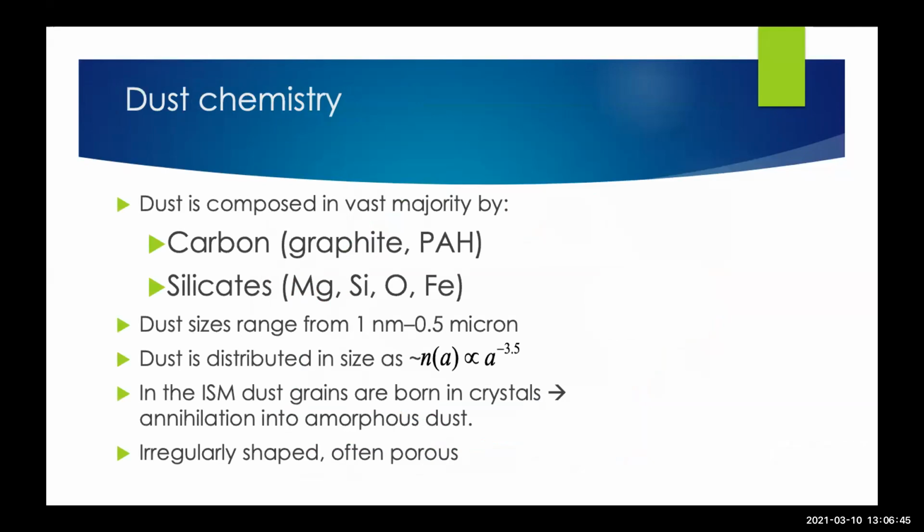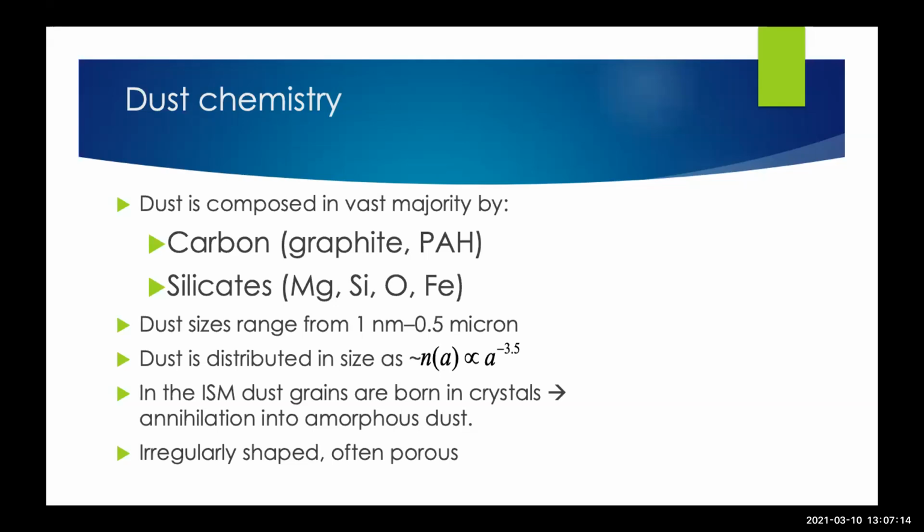In terms of chemistry, dust is formed by carbon in the form of graphite or polycyclic aromatic hydrocarbons, which are a middle way between a molecule and a dust grain, and by silicates, which are compounds formed by magnesium, silicon, oxygen, and iron, with small inclusions of calcium or aluminum, for example.